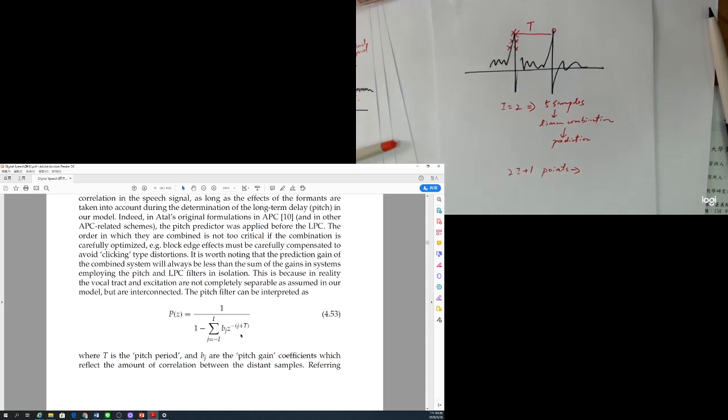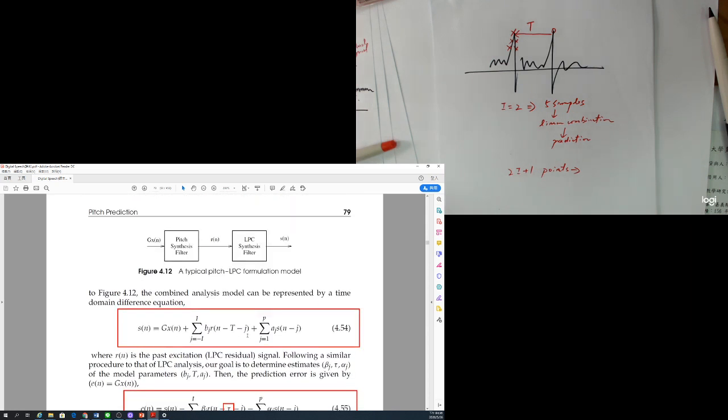T is your pitch, and beta i is your pitch gain. We already have the LPC, so we think about how to generate a pitch filter. This one is your trigger signal.